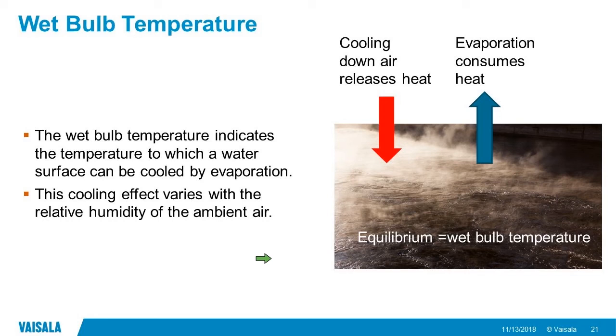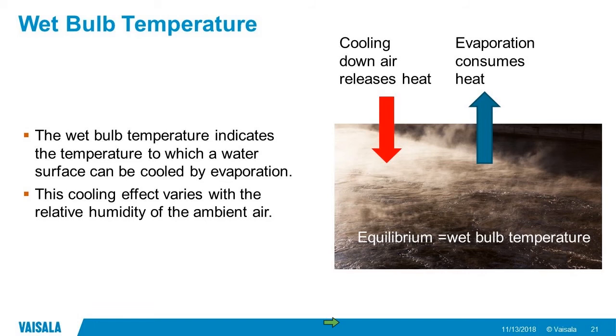So again, wet bulb temperature indicates to which temperature you can get water to cool down by evaporation. It depends on the ambient temperature and it depends on the humidity. Very high humidity means you won't get very much cooling. Very dry conditions, you will get a lot of cooling due to this evaporation.